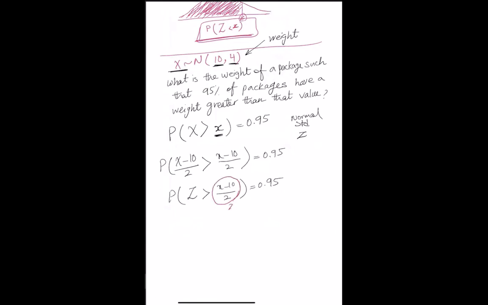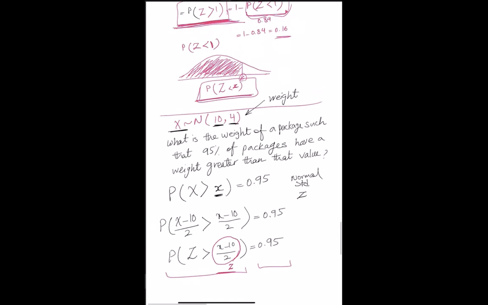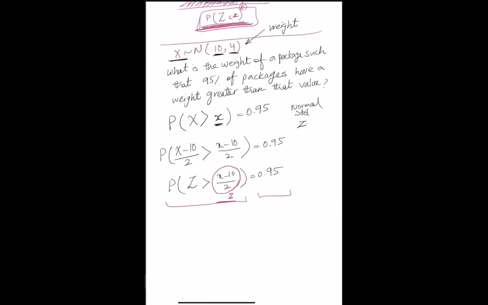This is my lowercase z, right? So what I want to do is to find out which value in the z table corresponds to this number here, such that this probability equals 0.95. However, as we talked about, the z table gives me the values for z less than lowercase z. So first, I have to transform this left side to something that I can get from the table.